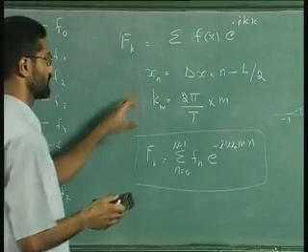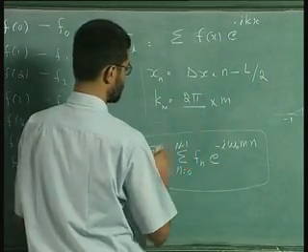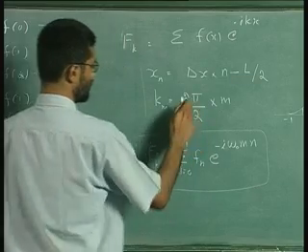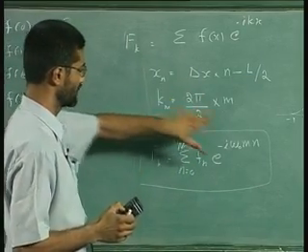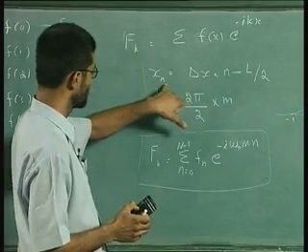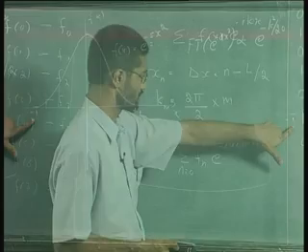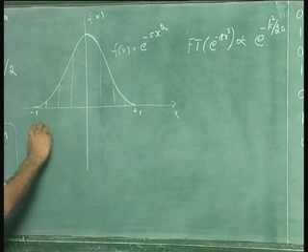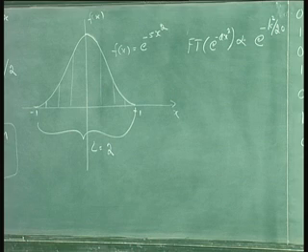That's the xn I should substitute here. So xn is given by delta x times n minus L by 2, because I start from here, where L is the total interval, which is equal to 2.